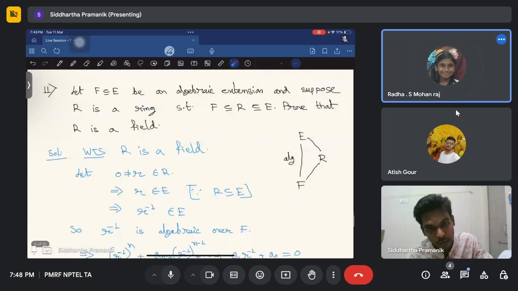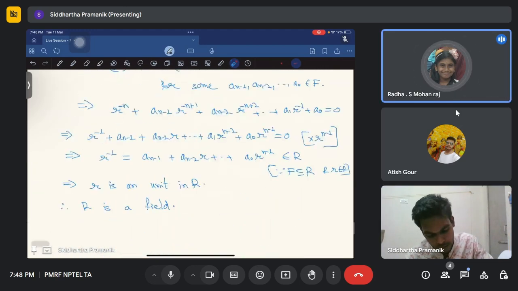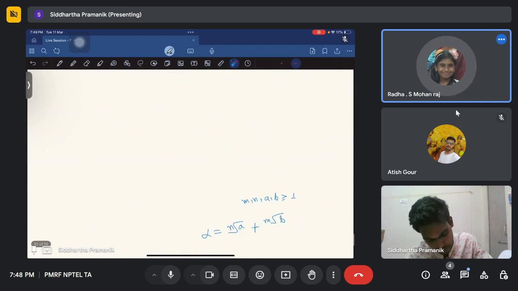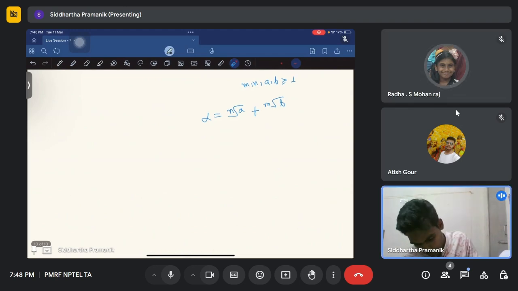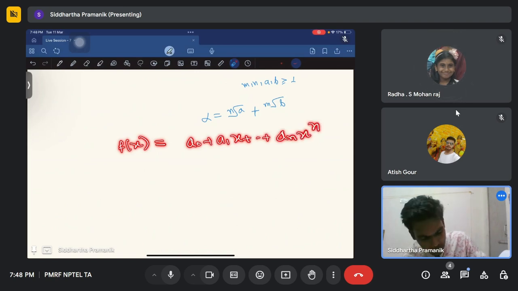Sir, excuse me, could you explain the primitive polynomial? Yes, primitive polynomial. If you take a polynomial, let's say f(x), it looks like a_0 + a_1 x + ... + a_n x^n, from Z[x]. So this is an arbitrary polynomial.